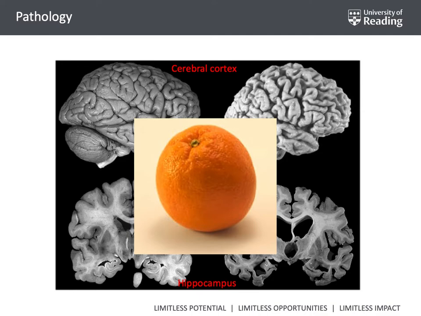Okay, so it's about 1.5 kilograms. So it's about 12 oranges. So if you think about 12 oranges, think about the next time you go to the supermarket. In terms of dementia and Alzheimer's, that robs those individuals of one of those oranges. So just think about that the next time you're having your healthy snack in terms of fruit and an orange.